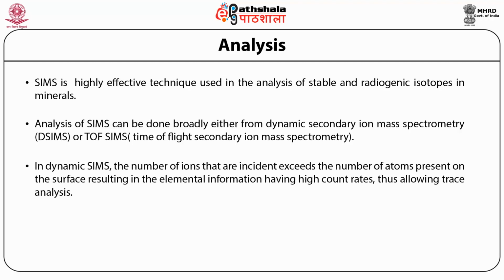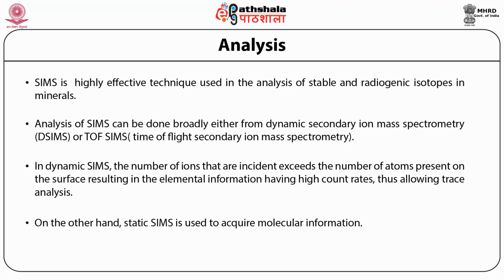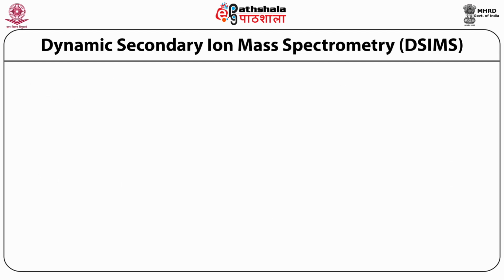In dynamic SIMS, the number of ions that are incident exceeds the number of atoms present on the surface, resulting in elemental information having high count rates, thus allowing trace analysis also. On the other hand, static SIMS is used to acquire molecular information also. There are two forms, as mentioned in the earlier slide.